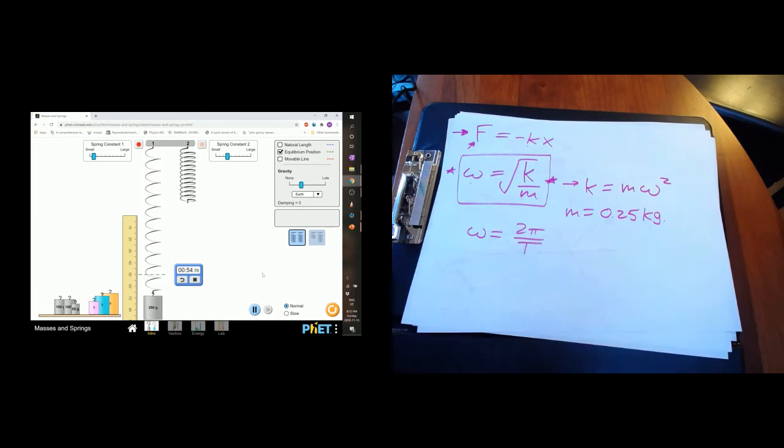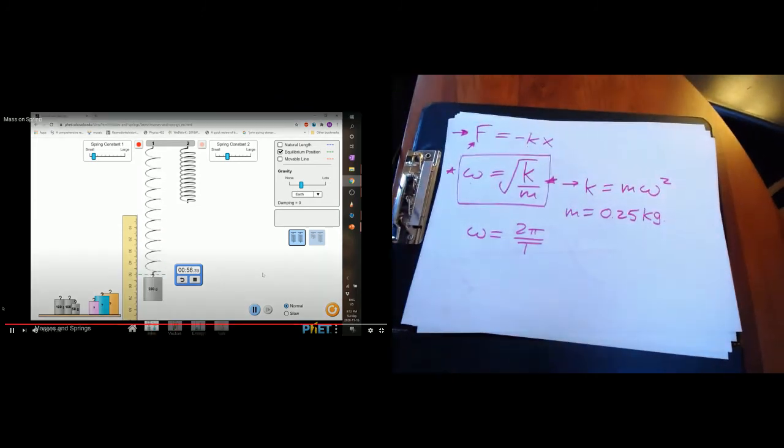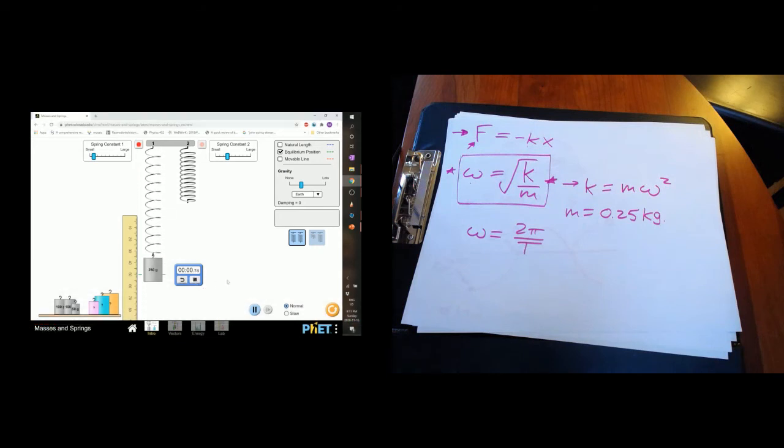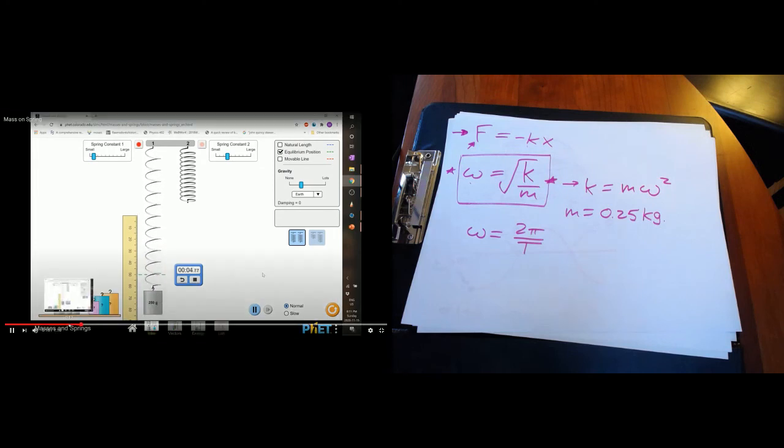And here's where we have to use the video. We need to somehow figure out the period, and conveniently, there's a clock here. So why don't we just count how long it takes for a certain number of oscillations. Let me go back to where the timer is.